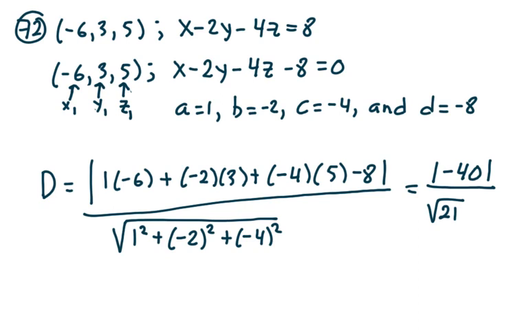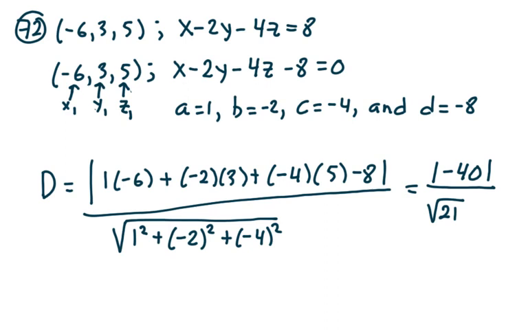So capital D is equal to the absolute value of 1 times -6 plus -2 times 3 plus -4 times 5 minus 8, all divided by the square root of 1 squared plus (-2) squared plus (-4) squared.